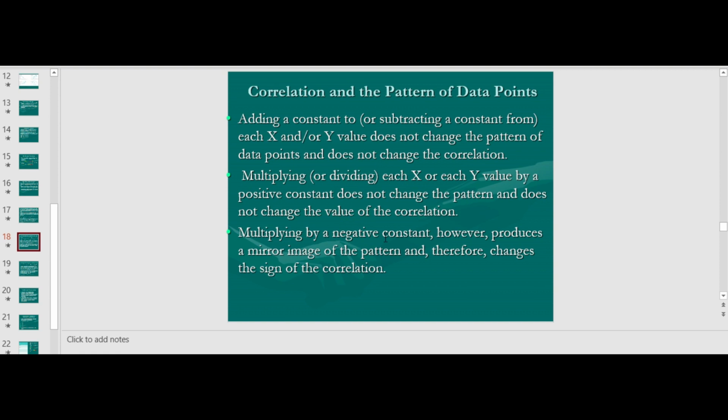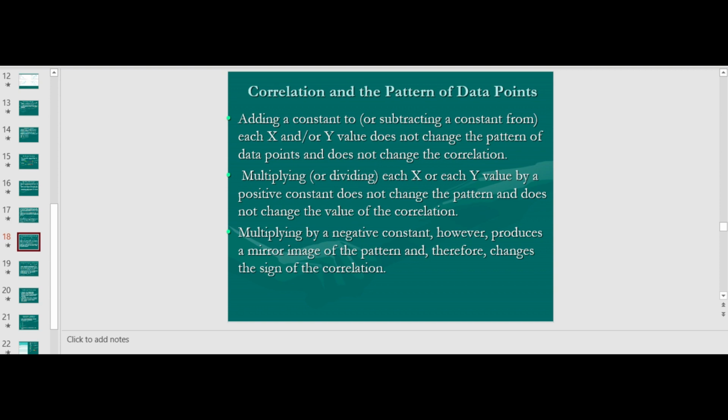Multiplying by a negative constant, however, produces a mirror image of the pattern and therefore changes the sign of the correlation. Now, because the Pearson correlation describes the pattern formed by the data points, any factor that does not change the pattern also does not change the correlation.